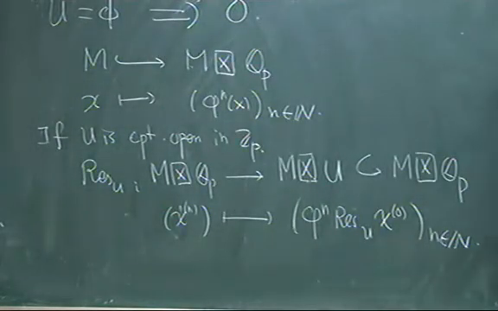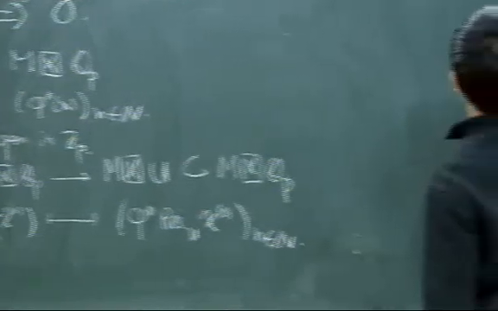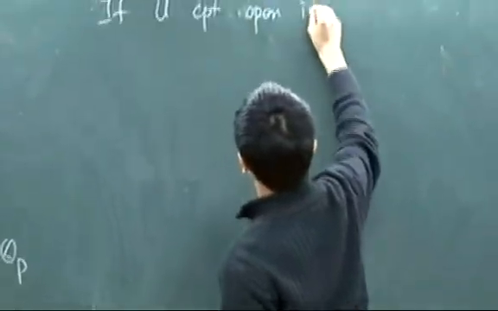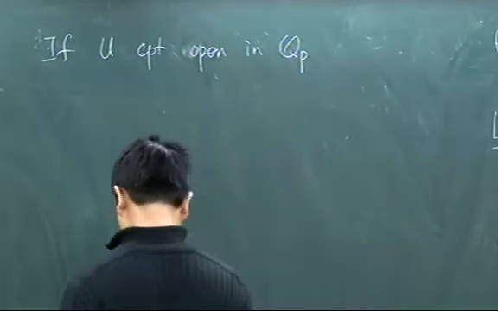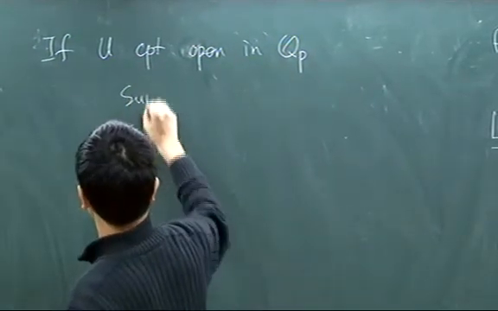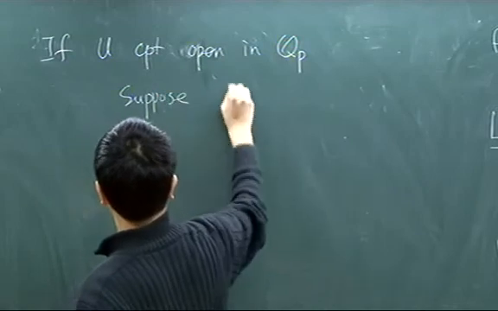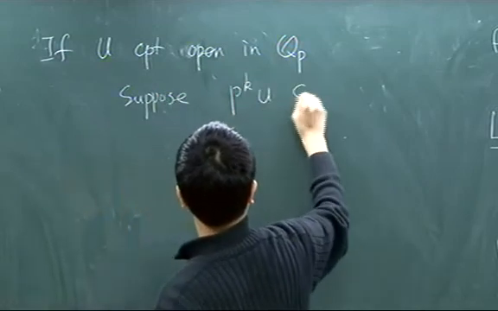Now if U is compact open in Qp, then it's a little bit more. What do we need? Suppose p^k times U is contained in Zp.